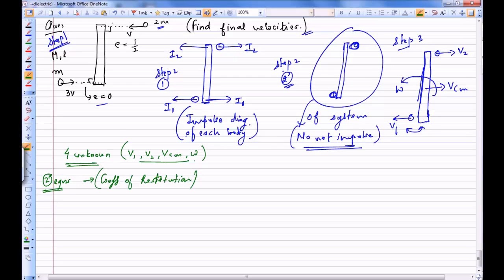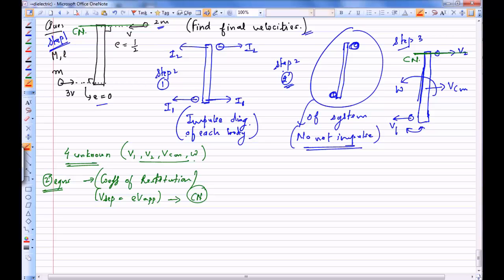So at the topmost point, V separation should be equal to E times V approach. This should be applied along the common normal. So in this particular case, this is our common normal. In the final state, this is our common normal. So V separation equals E V approach along this particular common normal at the topmost point.